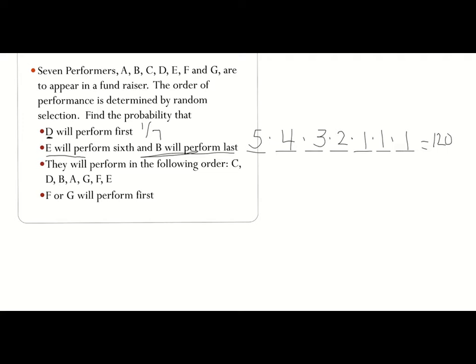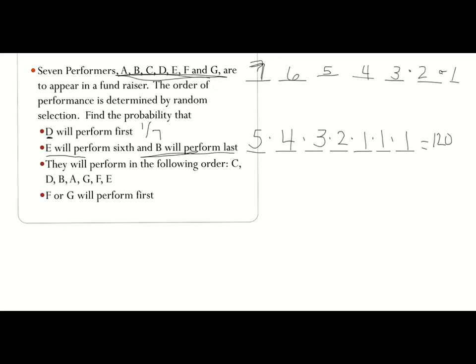Now I need to find the probability, so I need the bottom number for just the 7 performers. If they were to perform in any random order, this would be 7 factorial, because we have 7 to choose from, then 6, 5, 4, 3, 2, and 1.